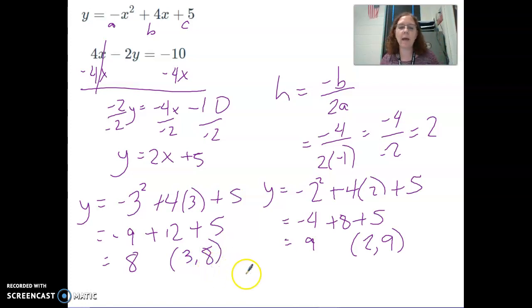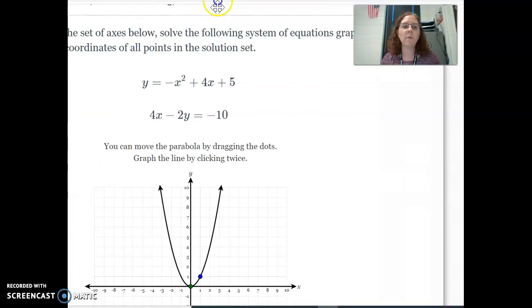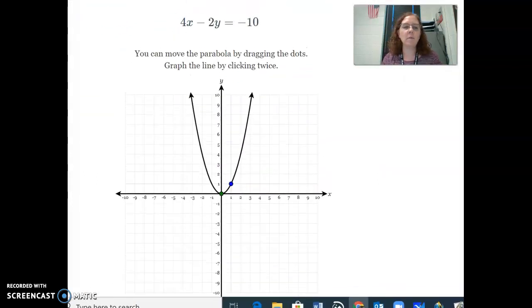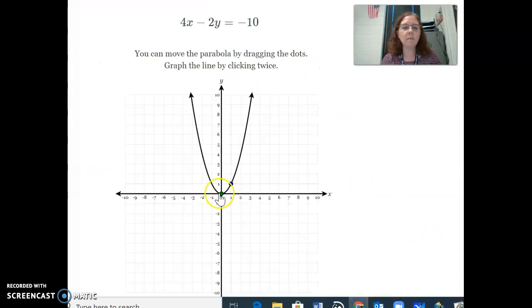Okay, so let's go back onto Delta Math and let's graph it. All right, so I'm going to move my green dot, move my screen up here a little bit. I'm going to move my green dot to the point that we said is our vertex. And if you forgot that, that's this one here. That's 2, 9. So I'm going to just drag the green dot to 2, 9.